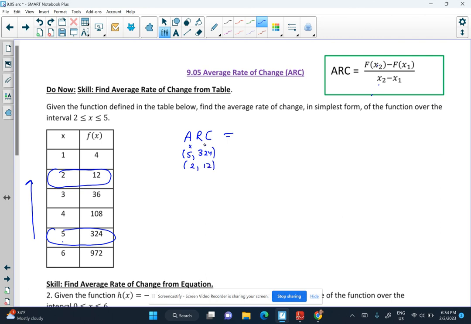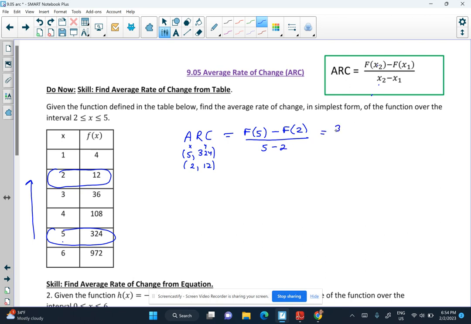And here's my x and here's my y. So I'm evaluating the function at 5. And from that, I'm subtracting the value of that function at 2. And it's going to be over the change in my x's, the 5 minus 2.